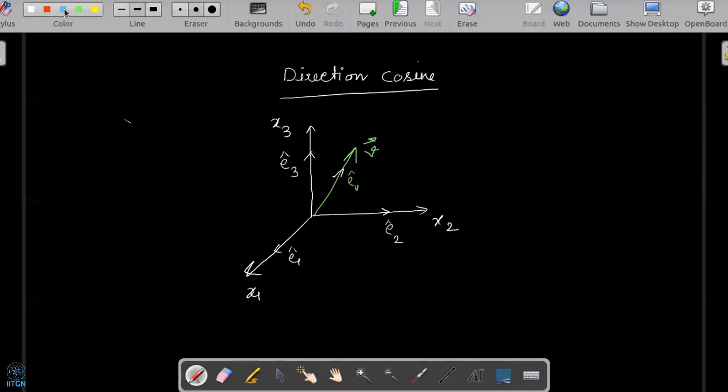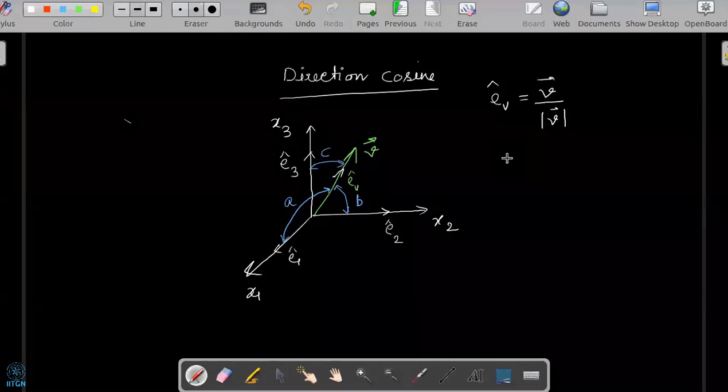Now this vector will make angles with the x1, x2, and x3 axes. Let's say this angle with x1 is a, with x2 it is b, and this is c. And the unit vector ev is defined as vector v divided by its magnitude.